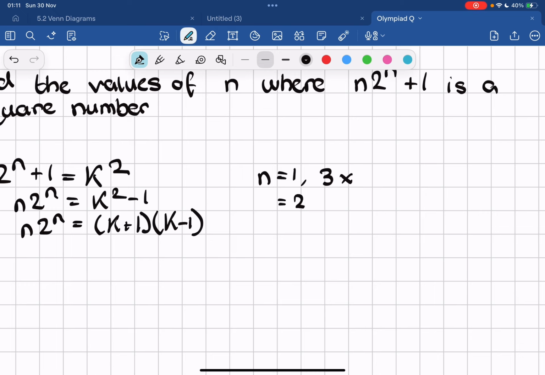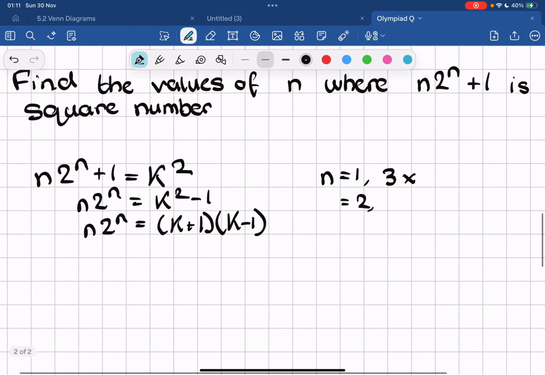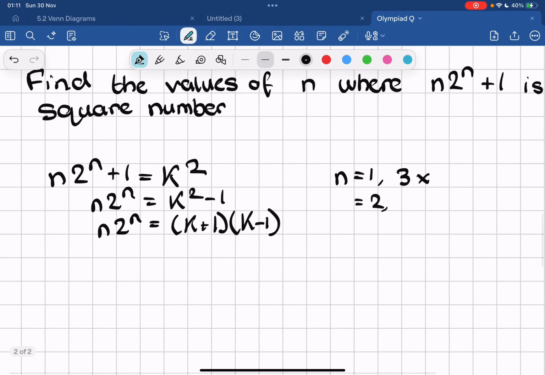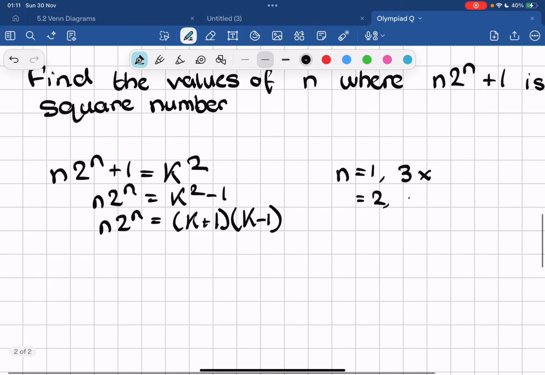When n equals 2, we've got 2 times 2 squared plus 1, which is 9, which indeed is a square number. n equals 3, we've got 3 times 2 cubed plus 1, which is 25, and that again is a square number. So as of now we've got n equals 2 and 3 are values which satisfy our expression.